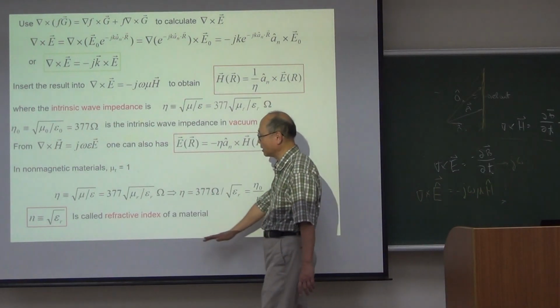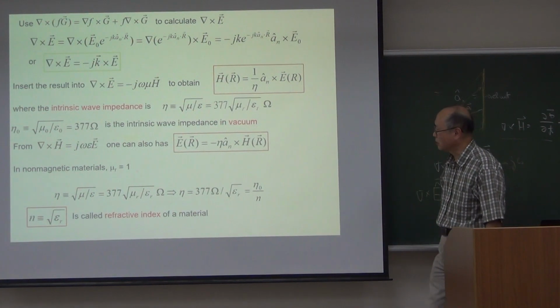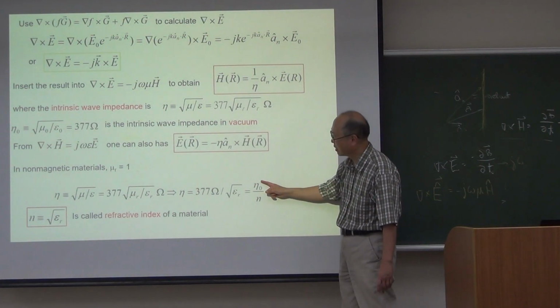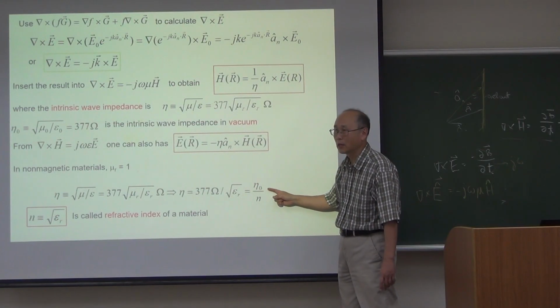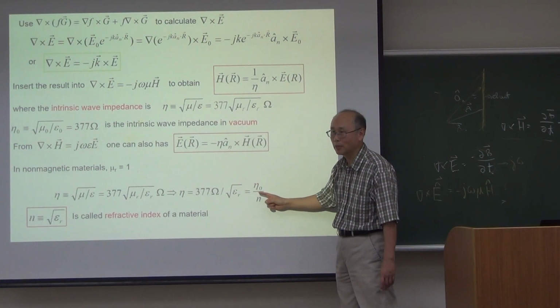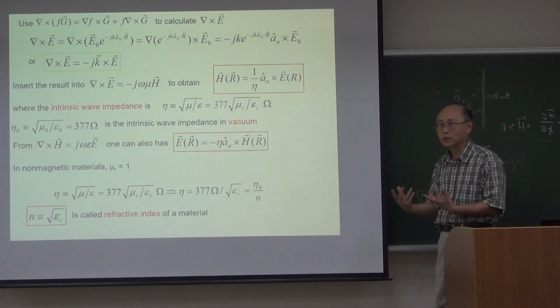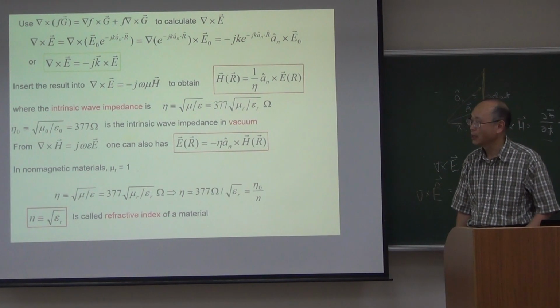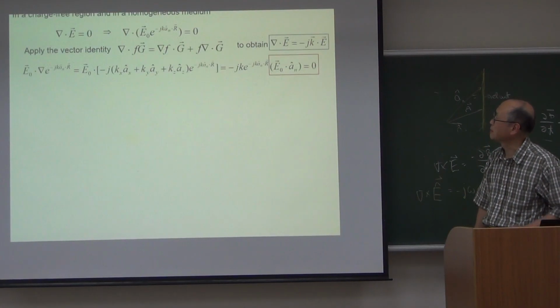We call this the refractive index of the material. So in the material, the intrinsic wave impedance is equal to the vacuum intrinsic wave impedance divided by the refractive index. When we analyze optical performance, we need to take that into consideration.